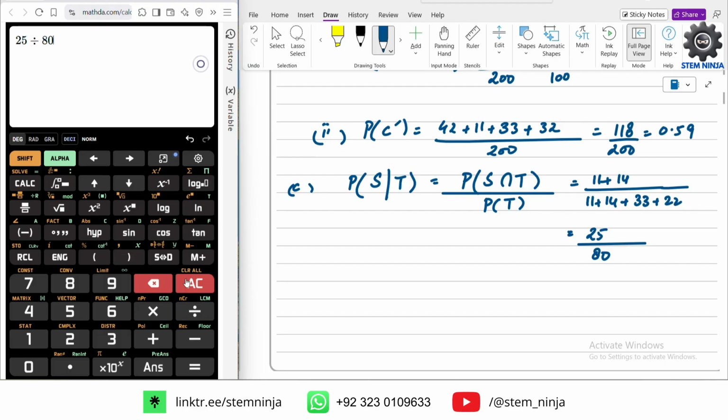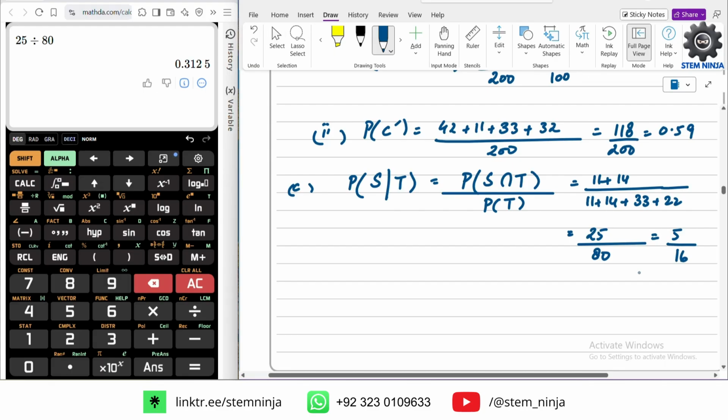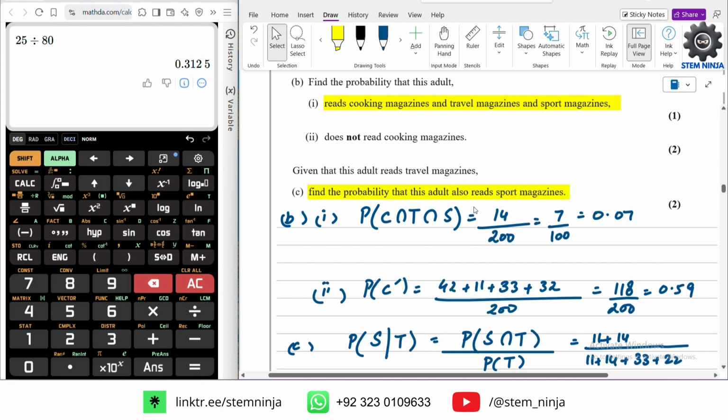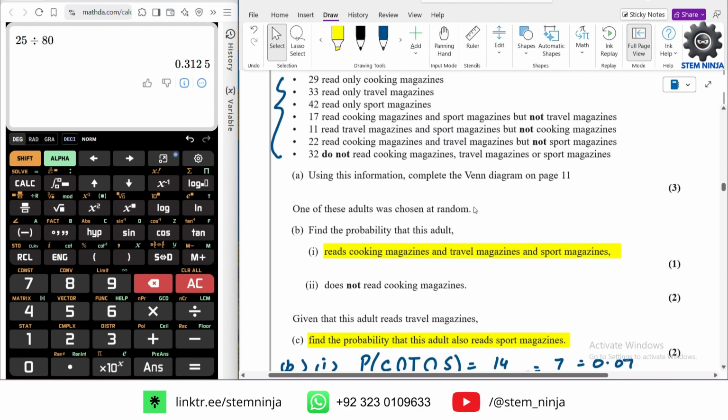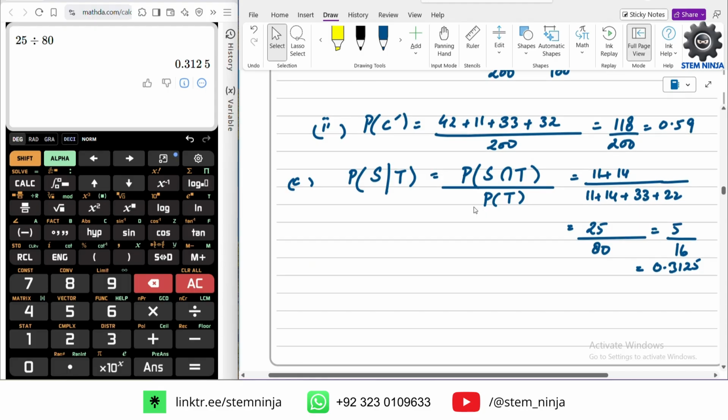So 25 divided by 80 can be further simplified to 5 over 16, or you can write it as 0.3125. That would be the exact answer if you write it in fraction form. Right, okay, so this was question number 3. Let's move on to question number 4.